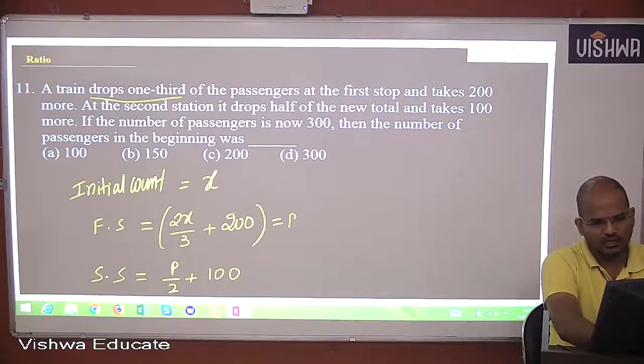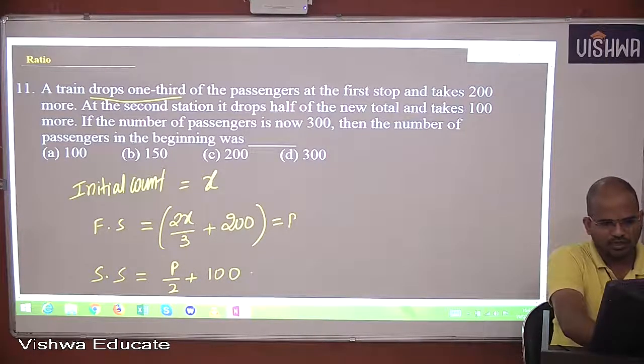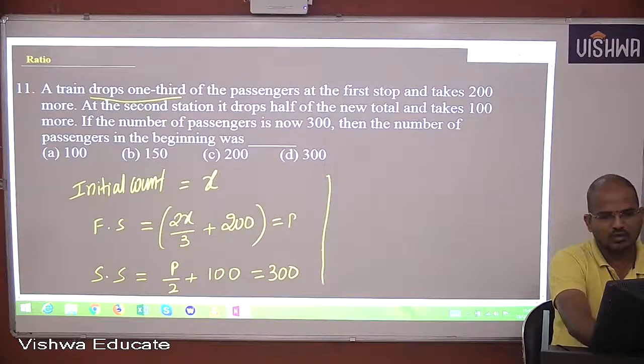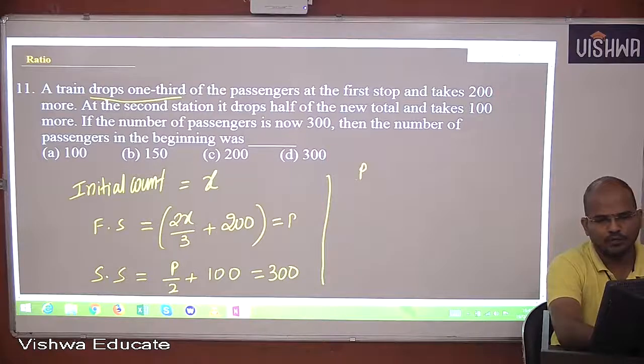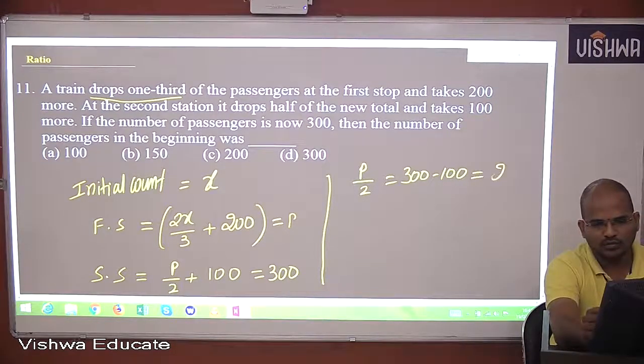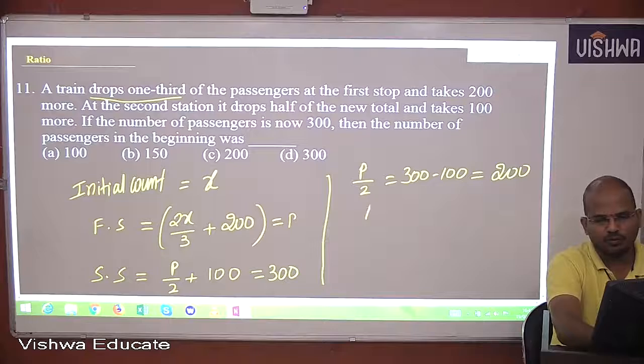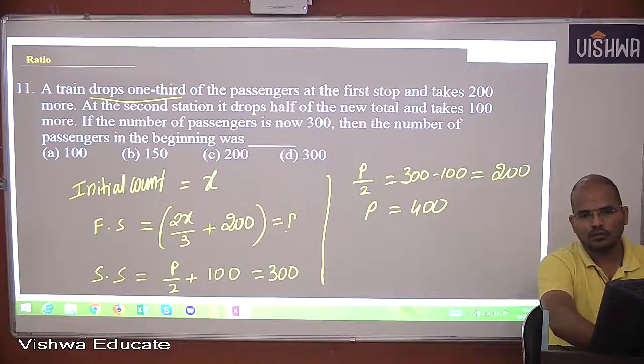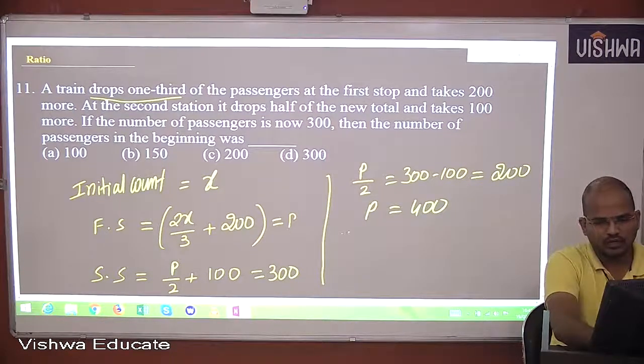If the number of passengers is now 300, then P by 2 is 300 minus 100, that would be 200. So P would be 400. If P is 400, then 2x by 3 plus 200 is 400.